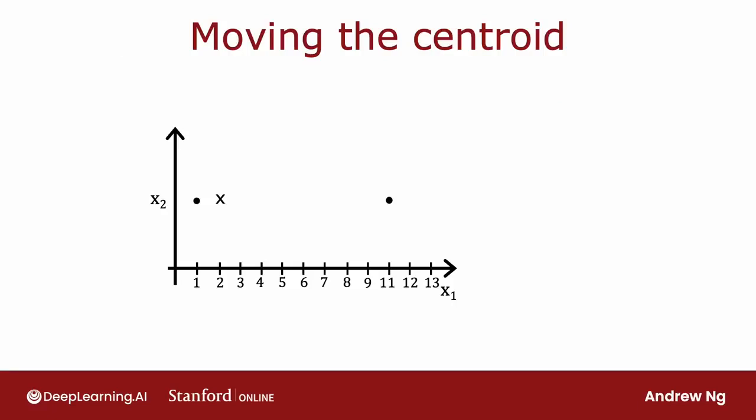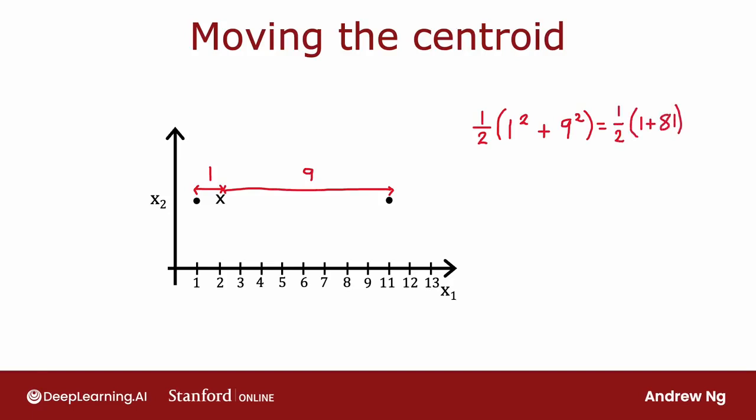And so with the cluster centroid here, the average of the squared distances would be a distance of 1 here, squared, plus this distance here, which is 9 squared, and then you take the average of these two numbers. And so that turns out to be 1/2 of 1 plus 81, which turns out to be 41.